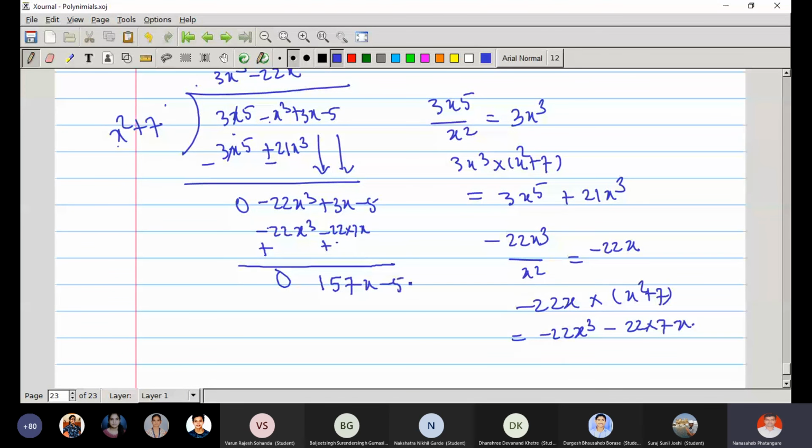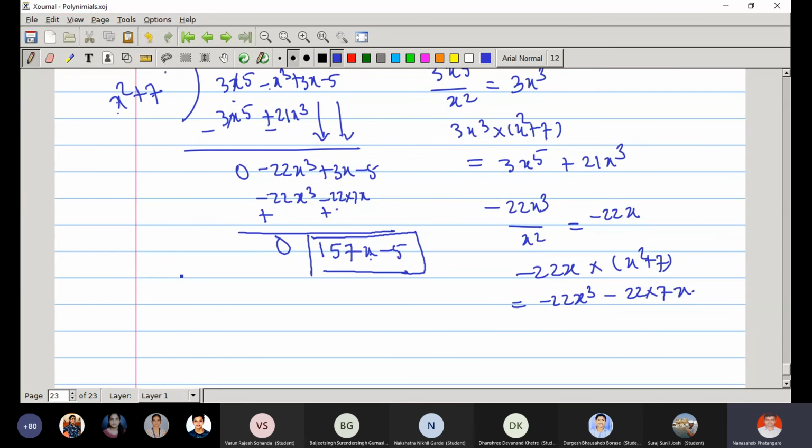157x minus 5. But now here the degree of this final expression is 1 and the degree of the polynomial by which we are dividing, x square, is 2. Now we should stop here because further division is not possible, right? If we divide 157x by x square, then we'll get a 1 by x term, which is not a polynomial.